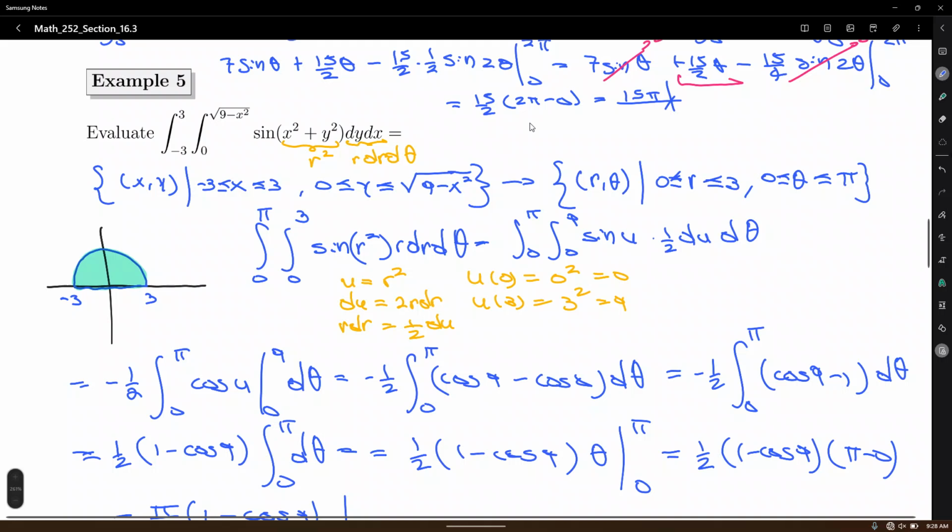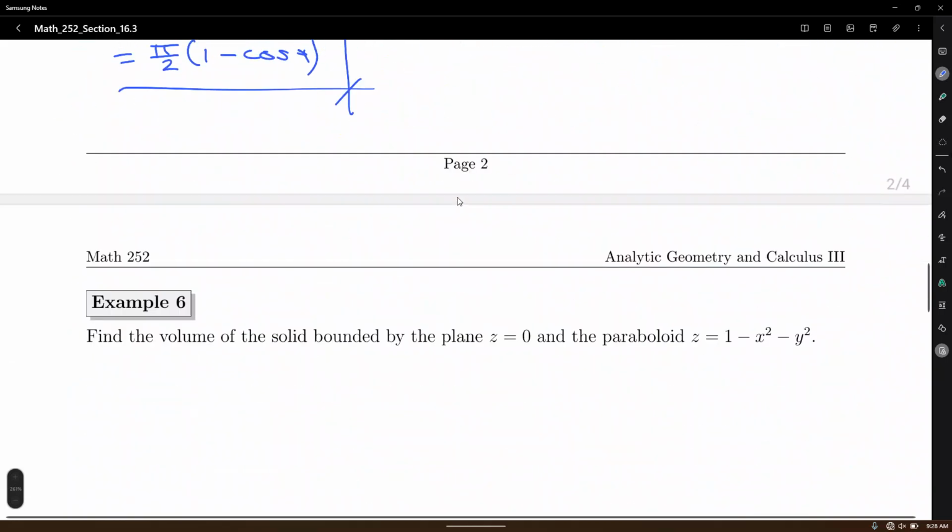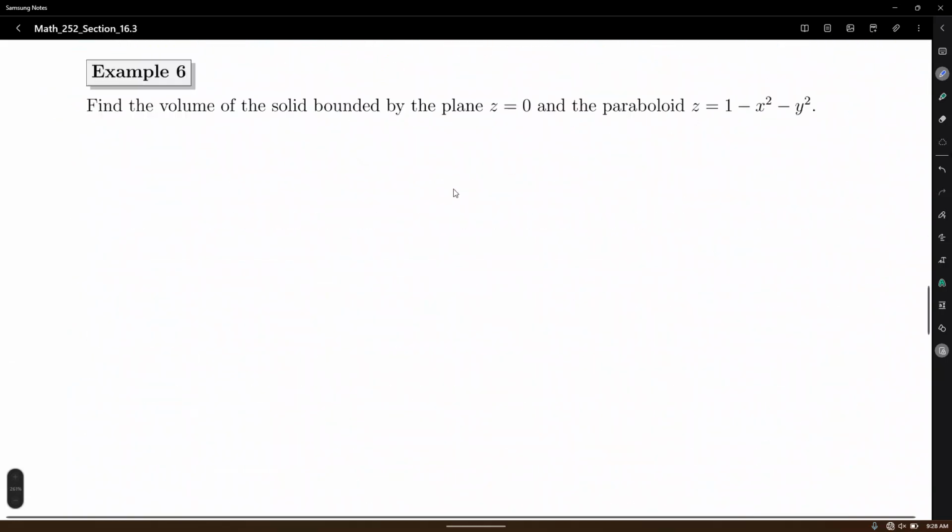We're integrating some f of x other than 1, so that must represent volumes. Same with the previous exercise, that also must represent volume, but it's not set up as such. It's just a generic problem, evaluate the integral, and that's it.